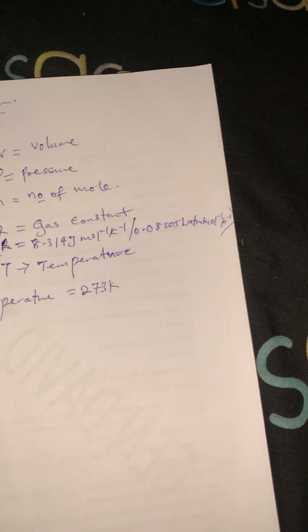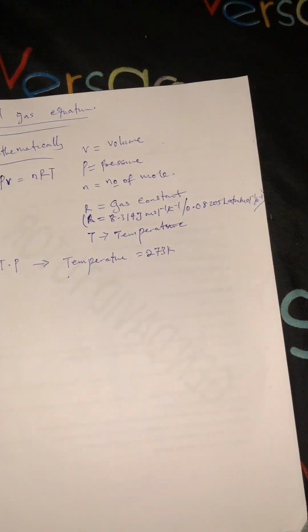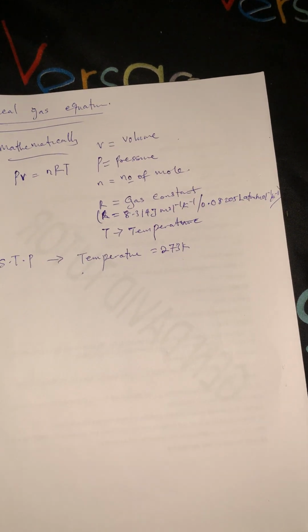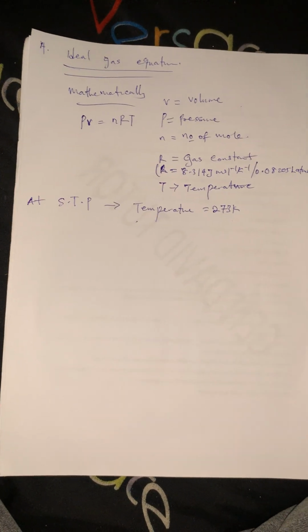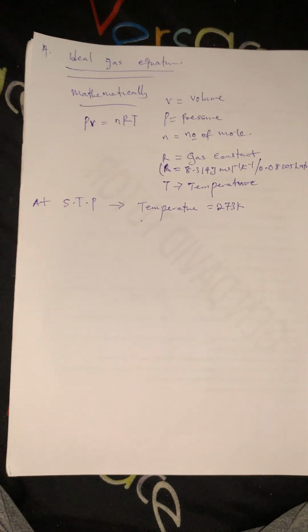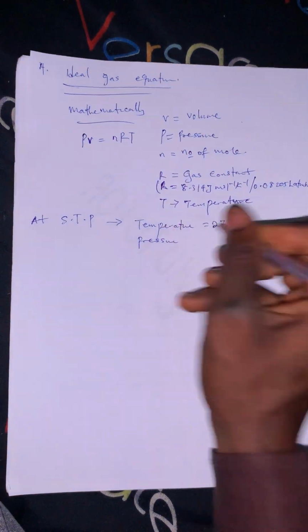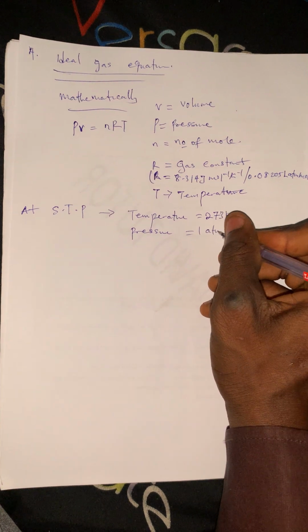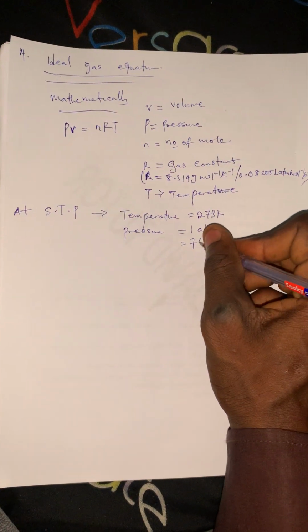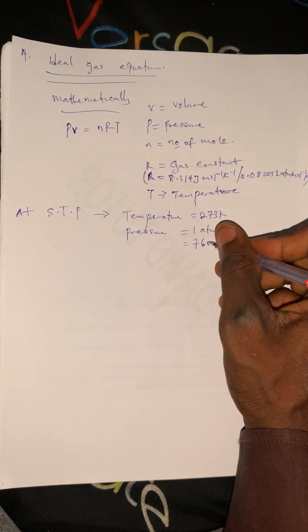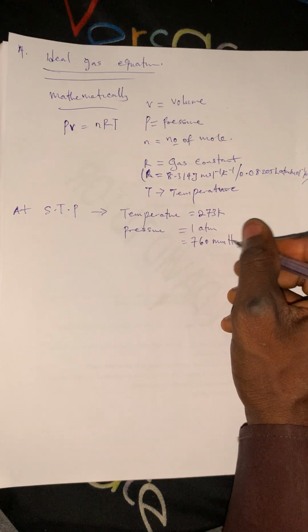And these are the constant values for the gas constant and temperature. And at the constant pressure, we can have 1 atm or 760 millimeter of mercury.